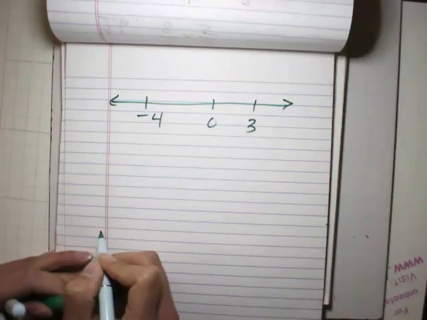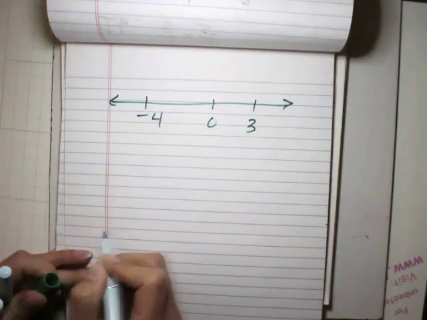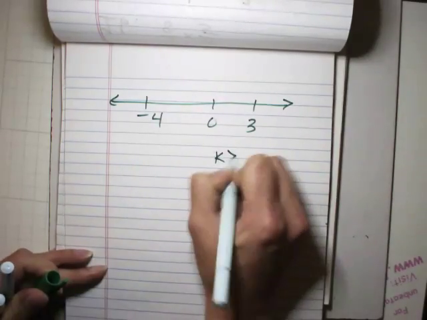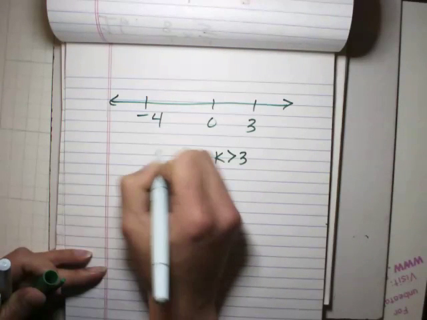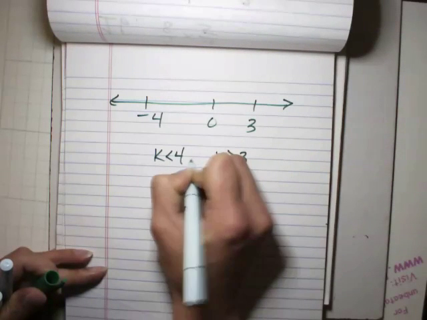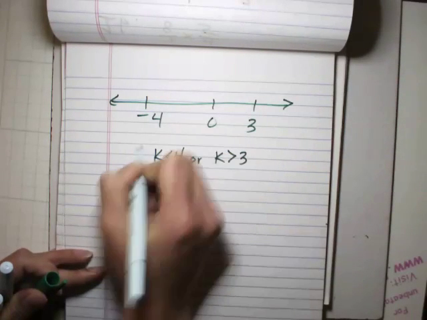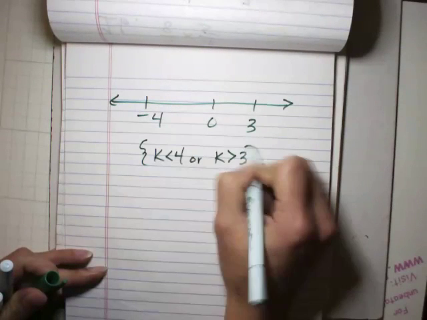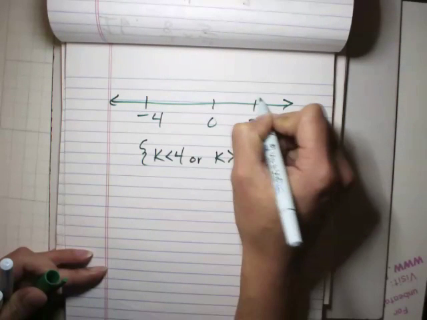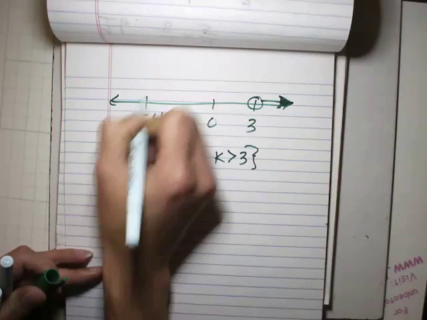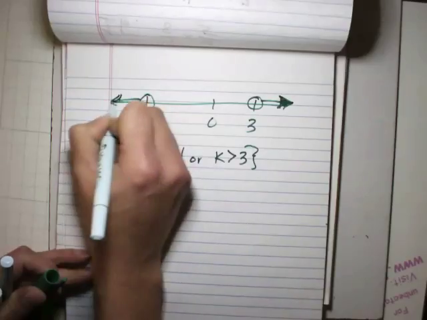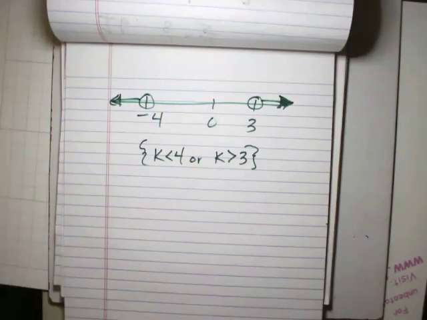So we said k is going to be greater than 3, and k is going to be less than negative 4. And in this case, it's going to be an or, because when we graph this, greater than 3 over here, or less than negative 4.